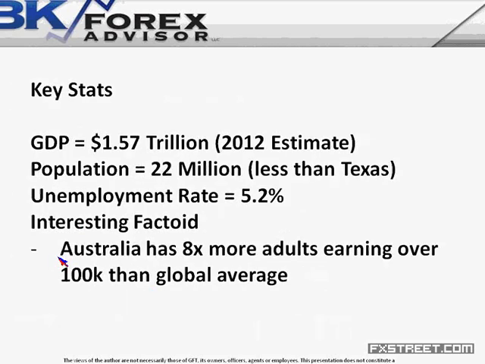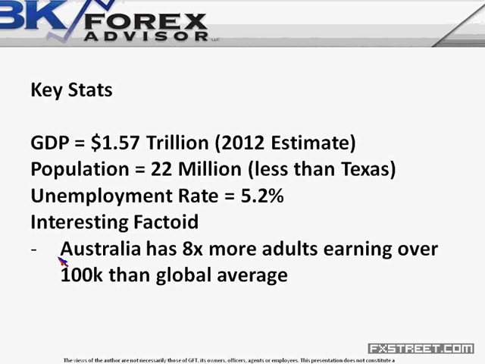So some of the key stats on the Australian economy. Well, Australian GDP is about $1.57 trillion. So that's a pretty good-sized economy for Australia, but you can compare that to U.S. GDP, which is about $14.5 trillion.